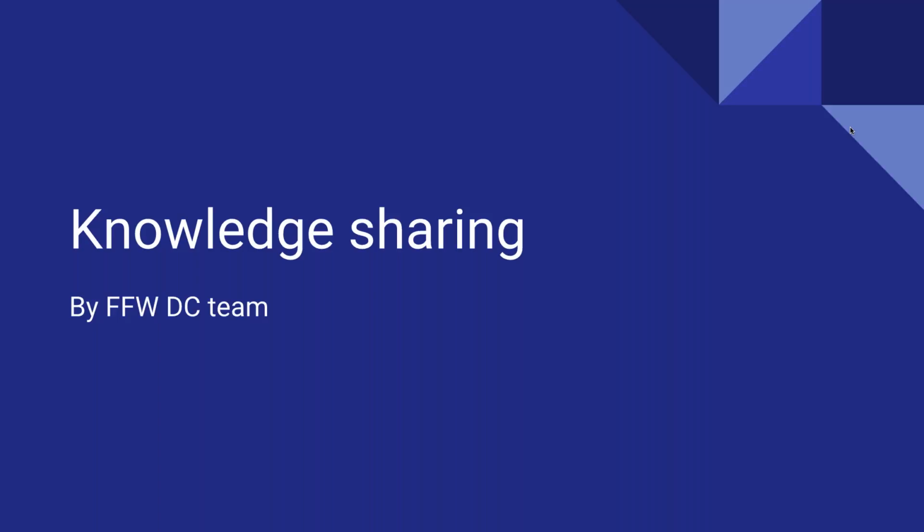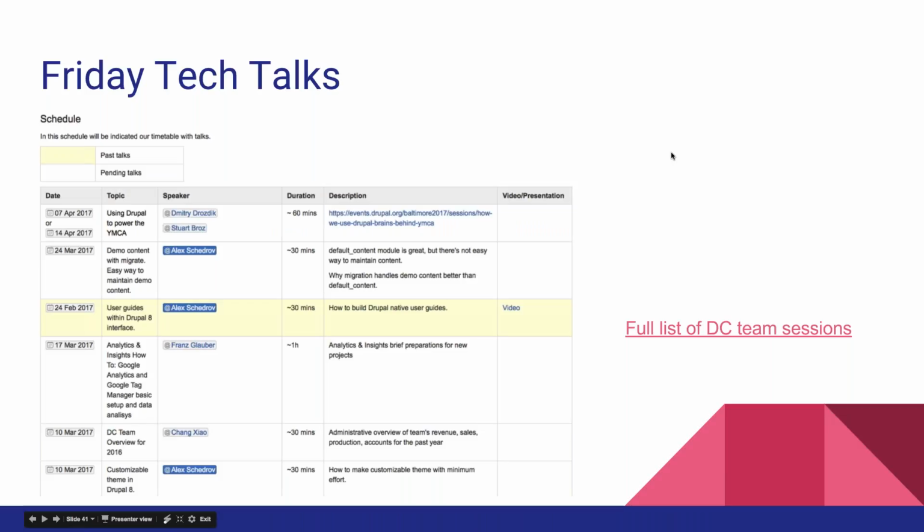So also, as a part of our development process, we set up knowledge sharing in our team. We're trying to encourage everyone to share their knowledge within the team, between different teams. As a first activity within our team, we have Friday Tech Talk. This is the time when we are talking about different interesting things that we've done during the week.